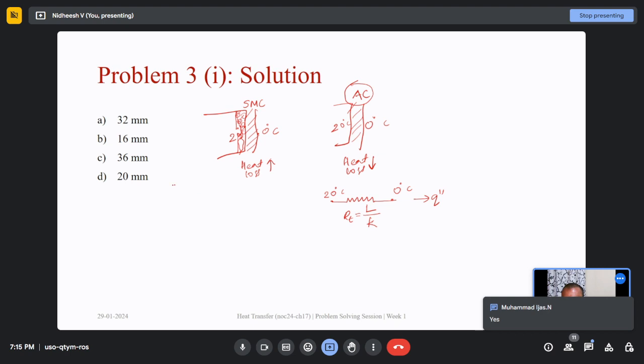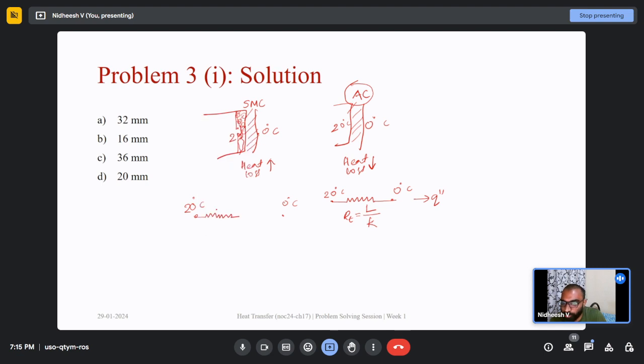Okay, and in the next case, again we have end temperature as 20 degrees Celsius and end temperature as 0 degrees Celsius. But here we have two materials, right? So they will offer two resistances. This resistance was offered by the polystyrene sheet, and the next resistance was offered by the stone mix concrete.